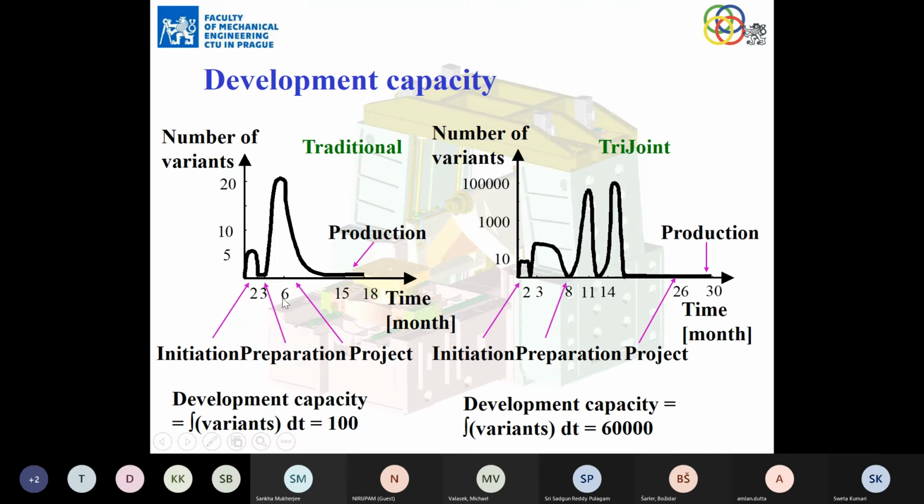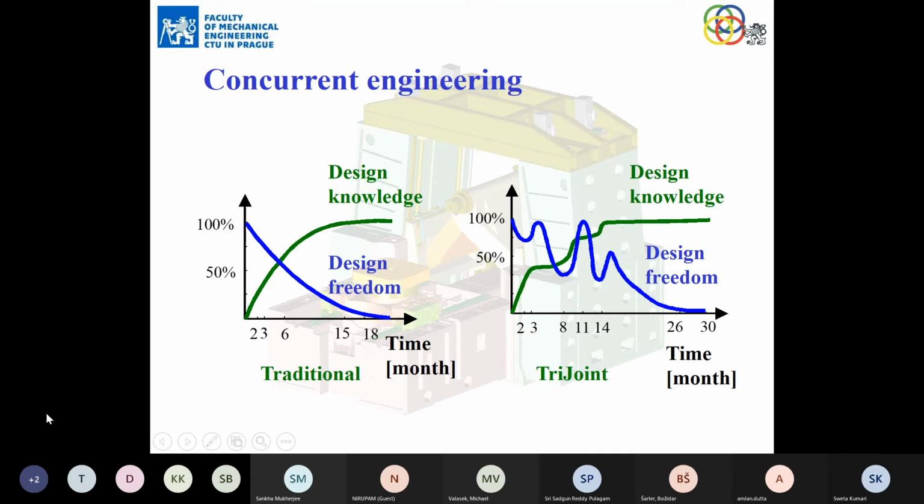If I compute the integral over the space of variants, we can see that it is from 100 to 60,600 times increase of the potential. Here, even with some data, is this change of the traditional dependence between freedom and knowledge into a new way, and it was really achieved.